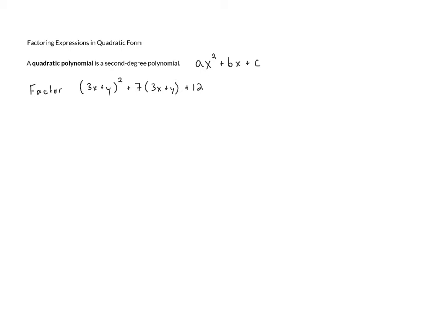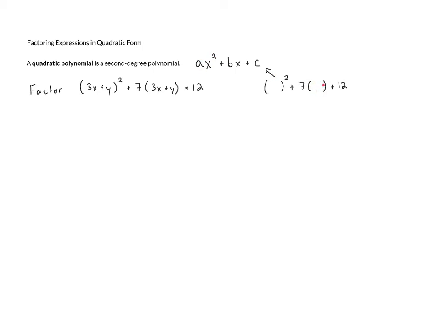Because if we ignore what's inside the parentheses for a moment, if we just look at this as something squared plus 7 times something plus 12, this kind of looks like something that's quadratic. We have our first term that has something squared.